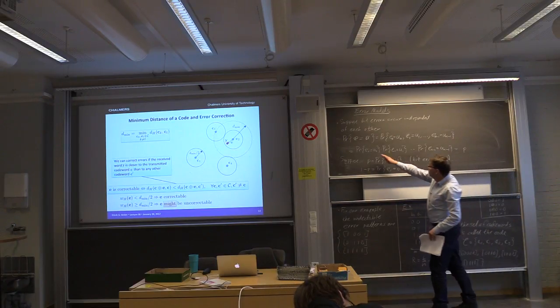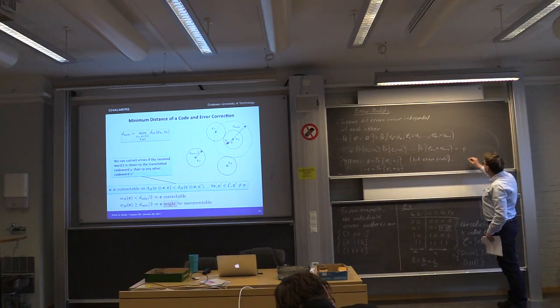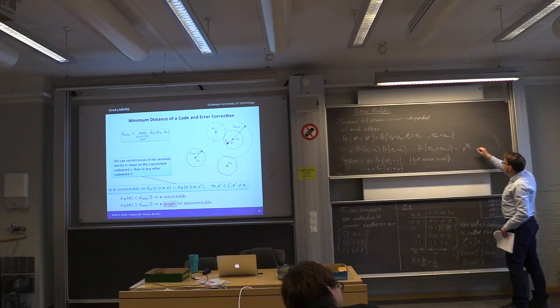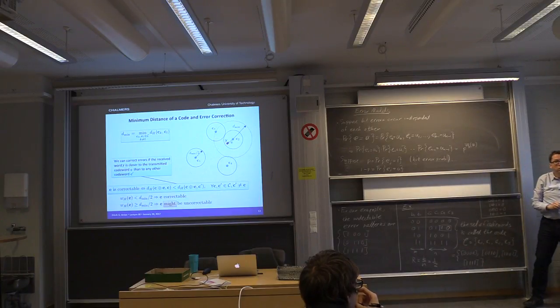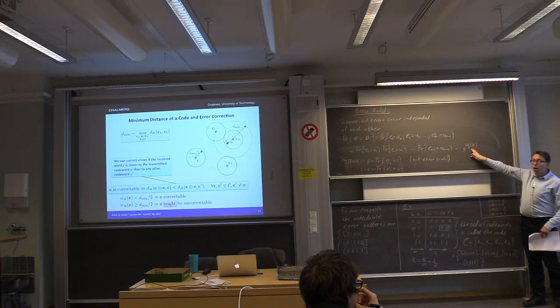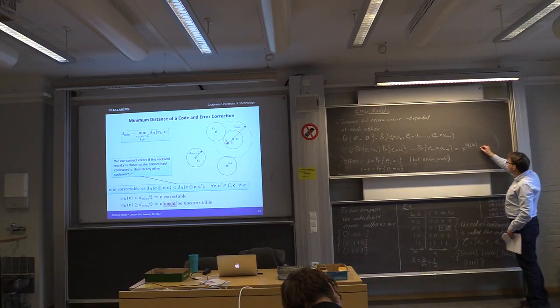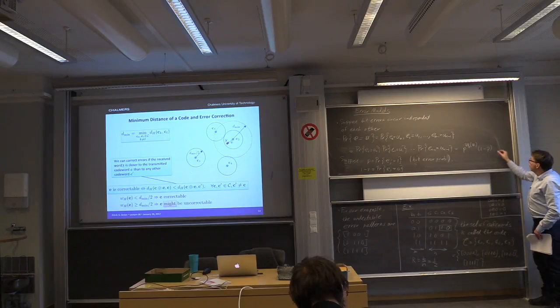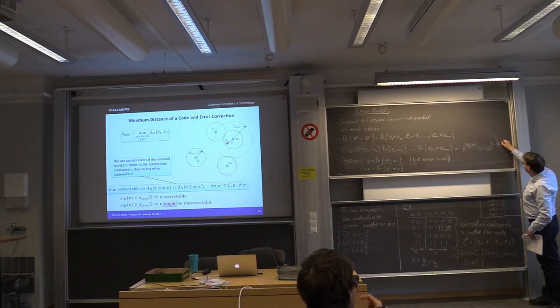So for each element where U is equal to 1, we get one P. So this can be written then as P raised to the Hamming weight of U, because that's how many ones there are in the U pattern. Okay, and then for the rest, we get 1 minus P raised to the total number of elements, which is n, minus the Hamming weight of U.